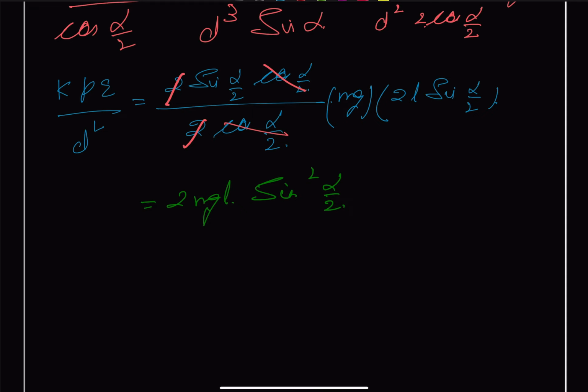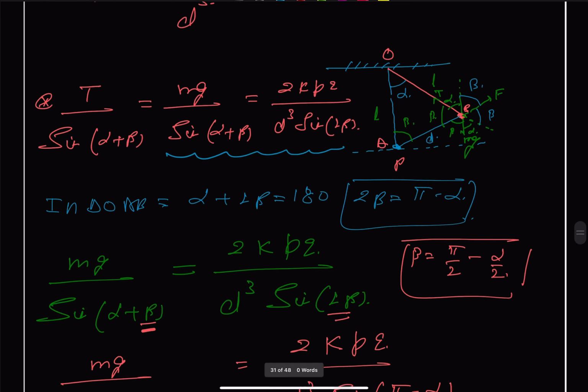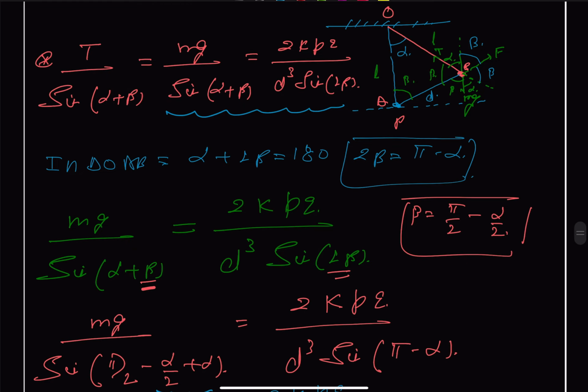And this angle will be also a beta. So from here we can find out the cos of beta. Cos of beta will be equal to h upon d.